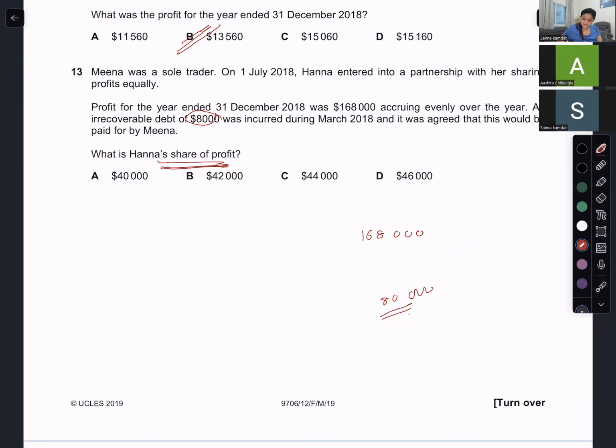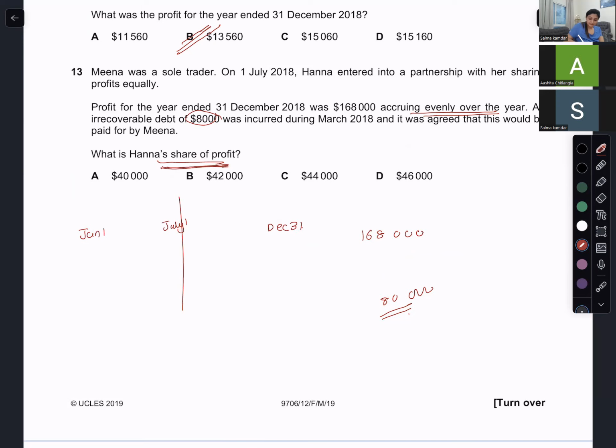Understand one thing: accruing evenly over the year means the profit happened every month at the same rate. My year starts on January 1 and ends on December 31st. Hannah came into the partnership on July 1.